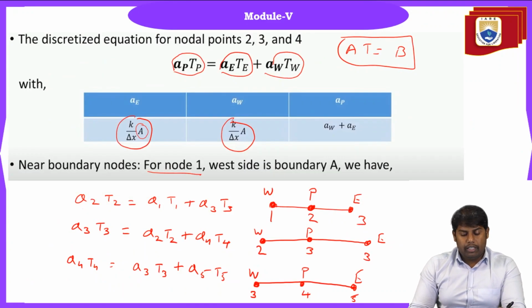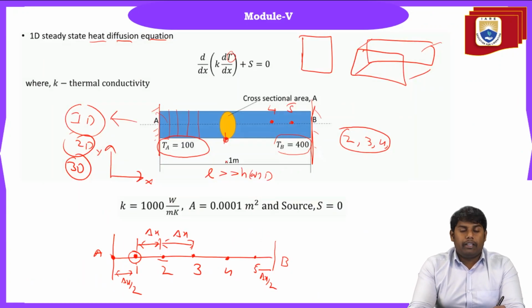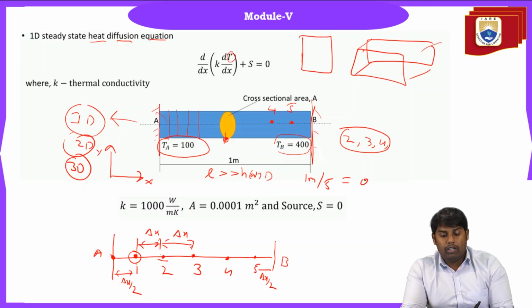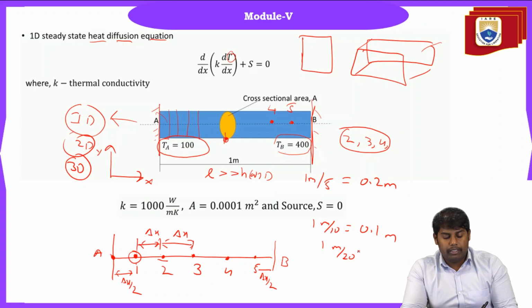So for the 1 meter rod, if I divide into 5 elements, we get 0.2 meter. When I do it in 10 elements, it is 0.1 meters. When I do it with 20 elements, 1 meter divided by 20 is 0.05 meters.